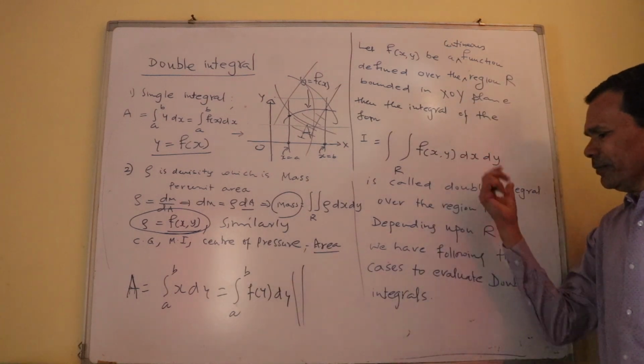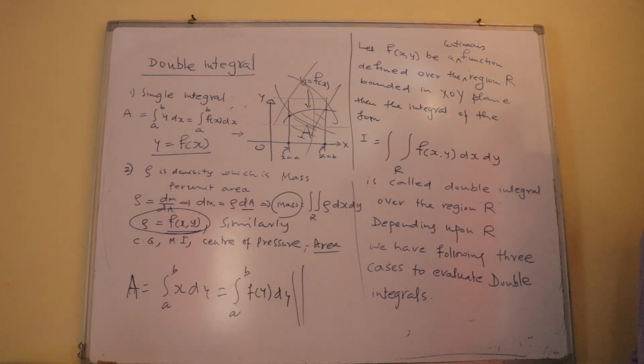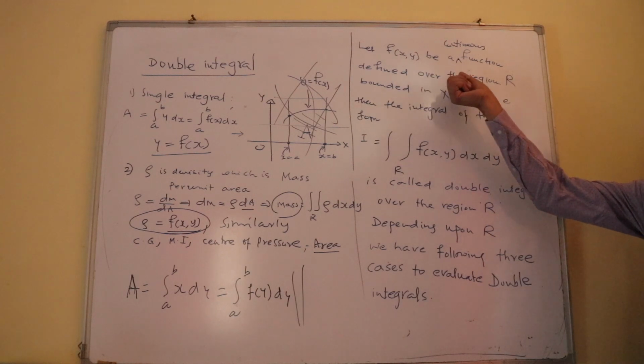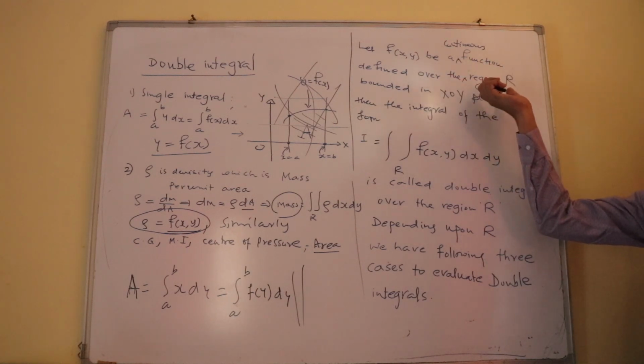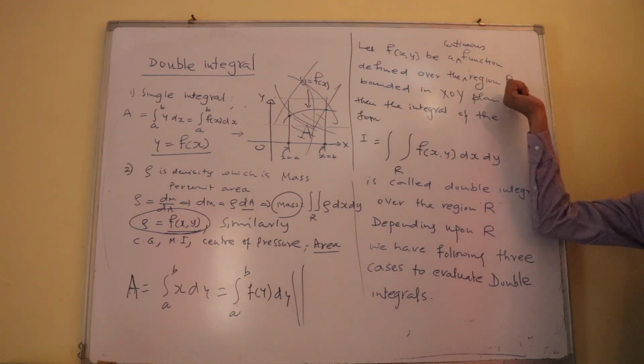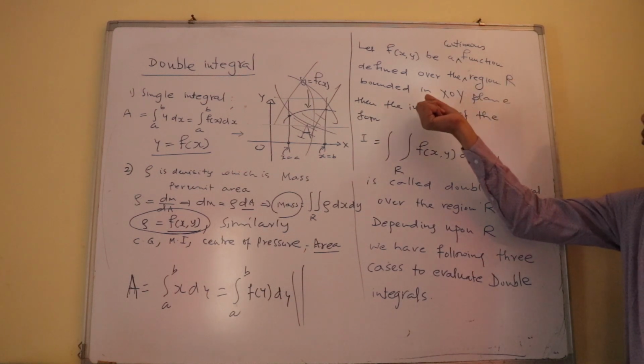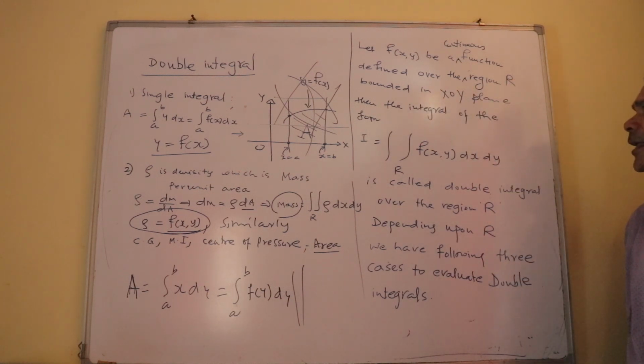Now, I give the definition of double integration. Let f of x, y be a continuous function defined over the region R, sometimes called the domain also, bounded in the x-y plane.